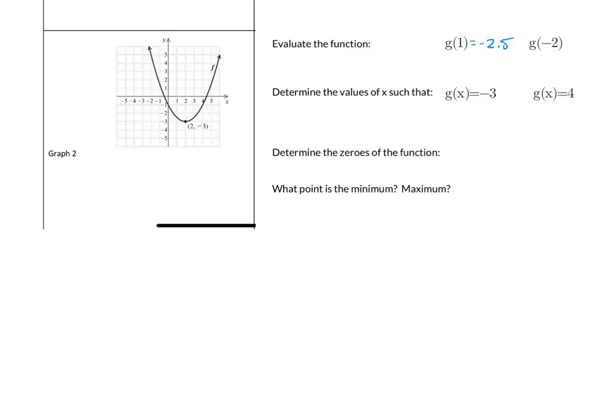All right, if we look at g of -2, again, -2 is an x coordinate. So we're going to go 2 to the left. And how far up do we go? It looks like we go up 5. So g of -2 equals 5.